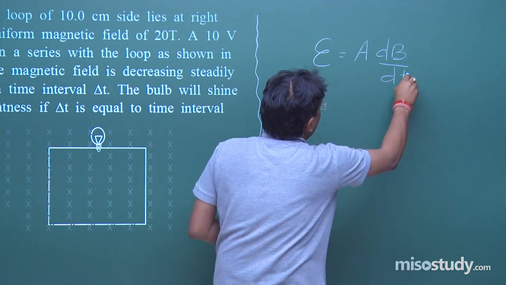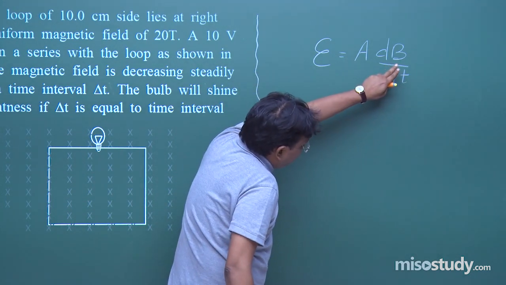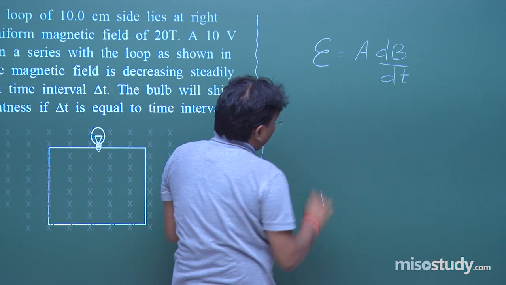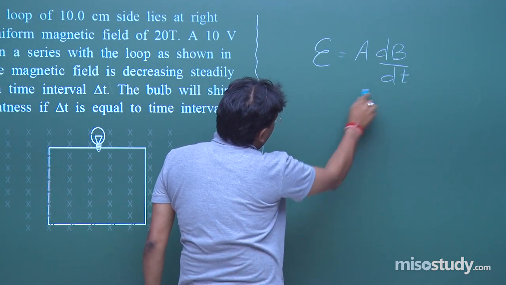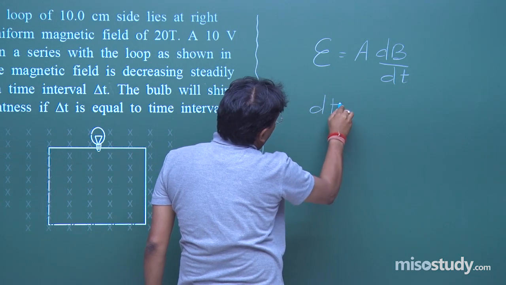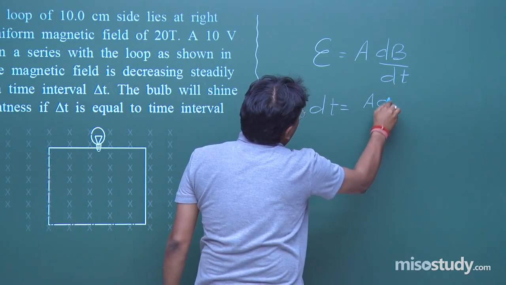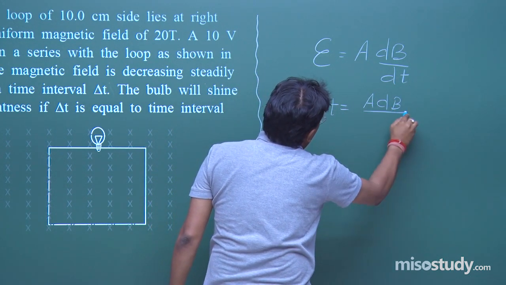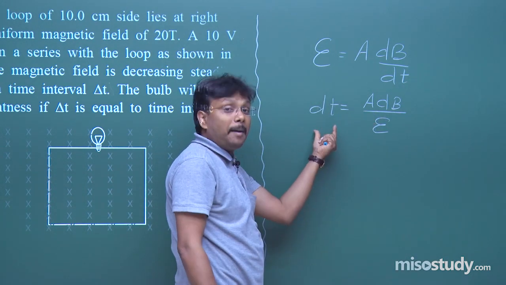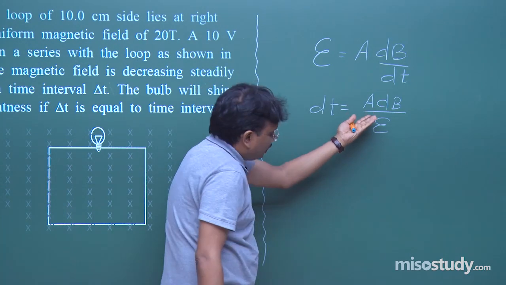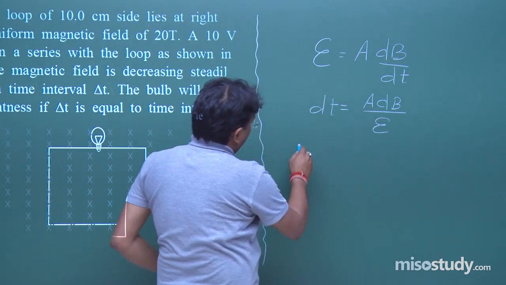Who is changing with respect to time? This B is changing. Fine. So, what I can write down is that dt is equal to A dB upon, no problem, simple, you have to find out delta t. So, all other values are given.